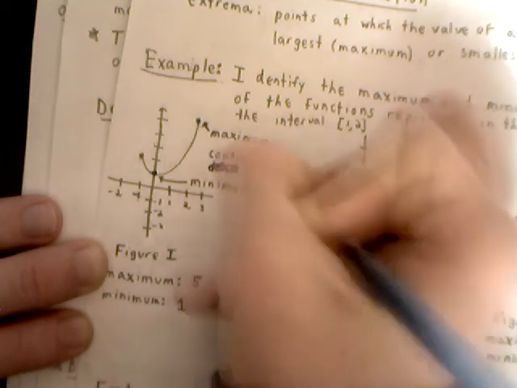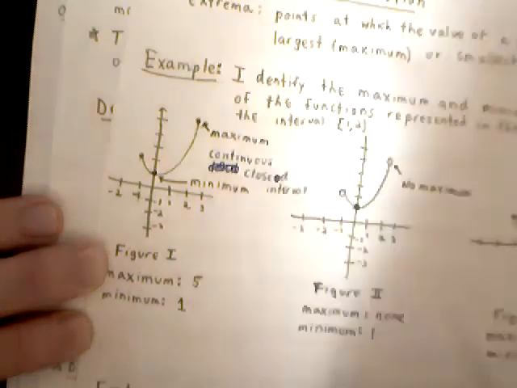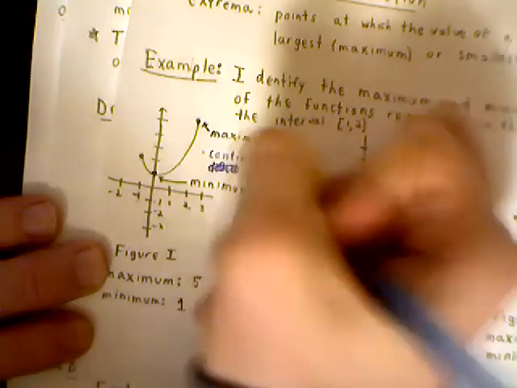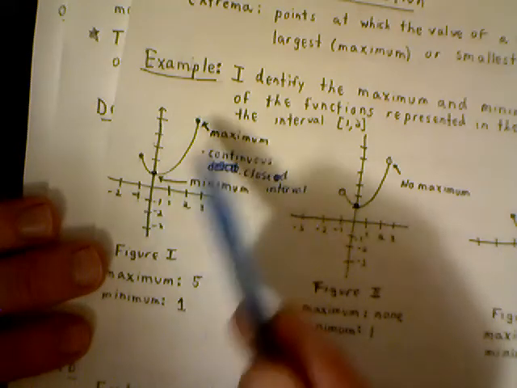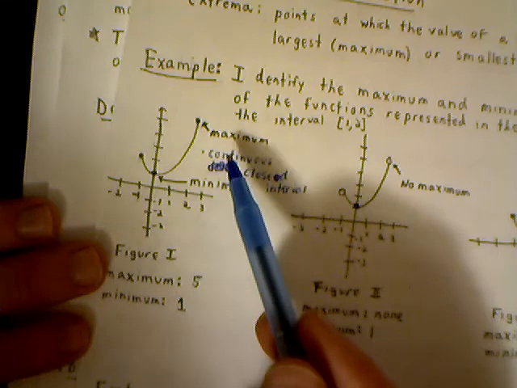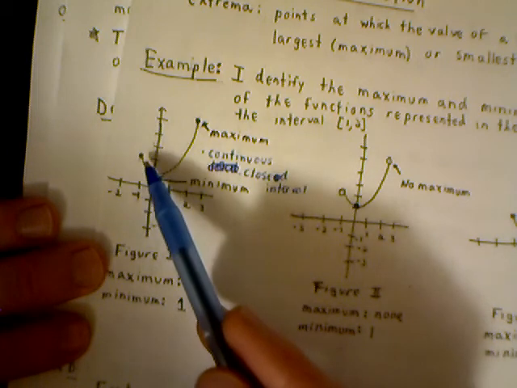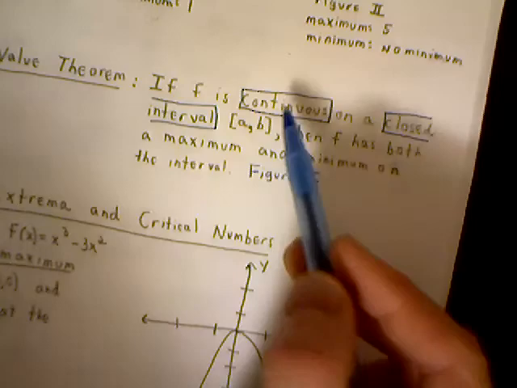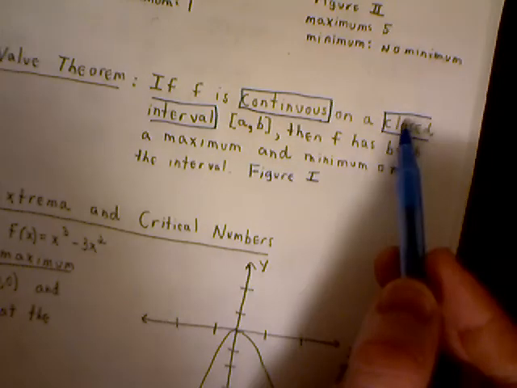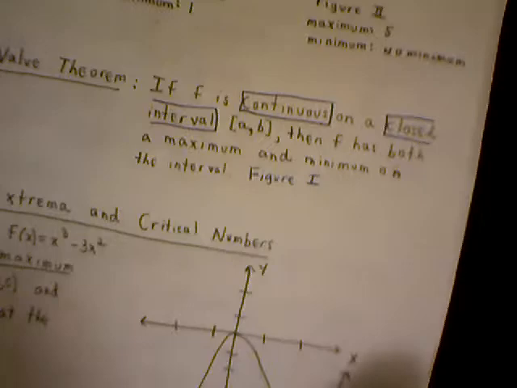So we have both of these criteria for our extreme value theorem, and then we were able to identify a maximum and a minimum. So it's continuous, no discontinuities. We have a closed interval, our endpoints are defined. So we had both a maximum and a minimum. So one more time, extreme value theorem. If a function is continuous on a closed interval, then f has both a maximum and a minimum on the interval.